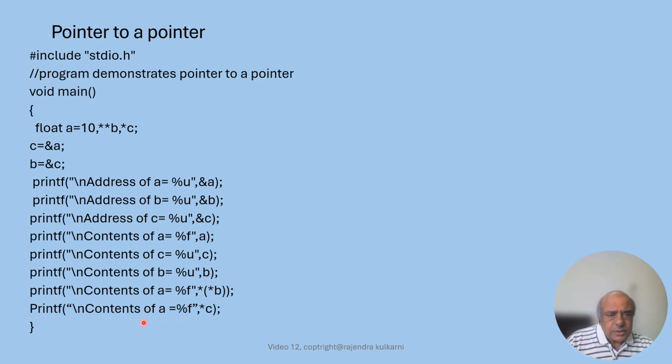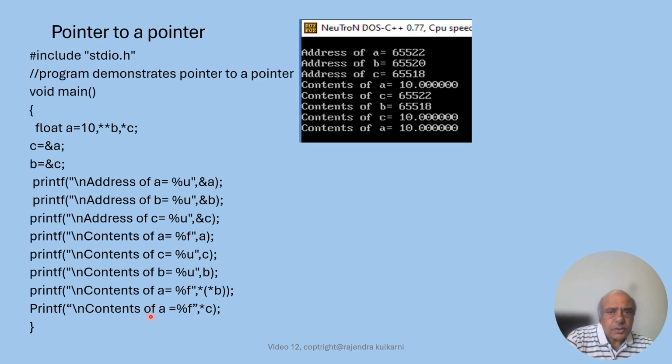Whereas contents of a, value of a, will also be made available to us by this statement, which uses star c, or the value at address held by c, that will give us again a value of a.